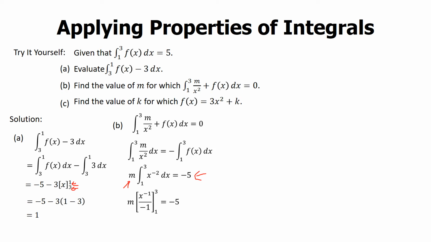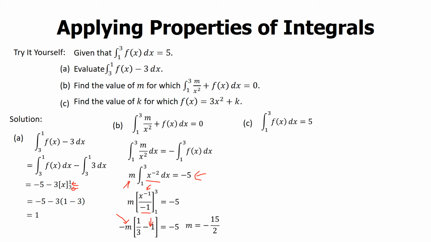When we integrate x to the power of negative 2, we get x to the power of negative 1 over negative 1, limits from 1 to 3. We simplify first, take out the negative 1, which becomes negative m. Now we substitute x equals 3, which is 1 over 3, minus substitute x equals 1, which is 1 here, equals negative 5. We solve this equation, we get m equals negative 15 over 2.